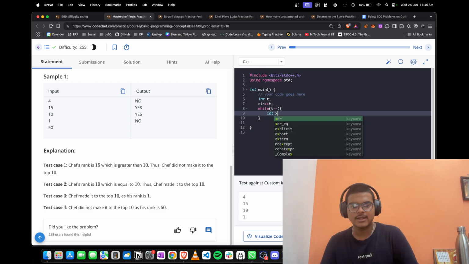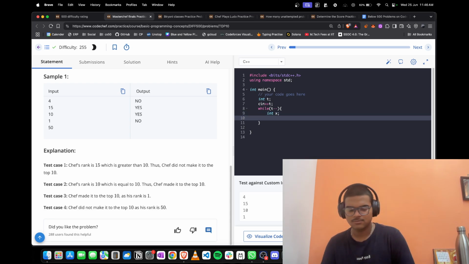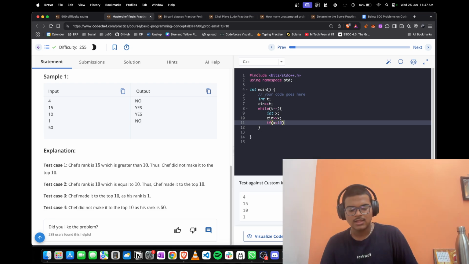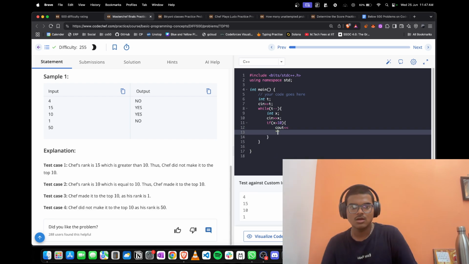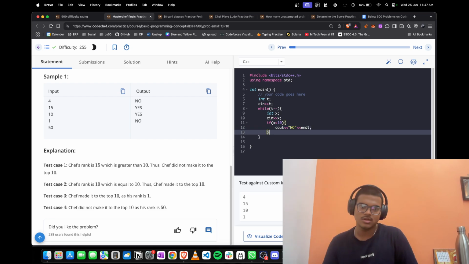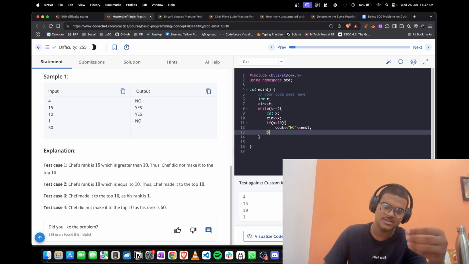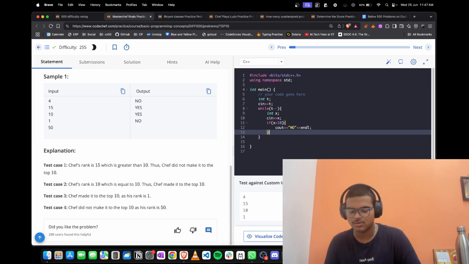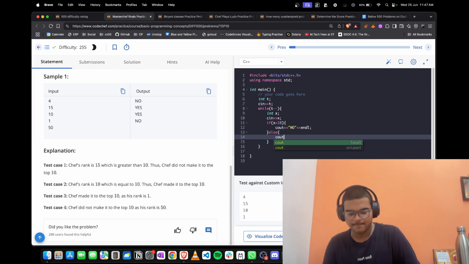Let x be the current position of chef, and we will take it as input, and we will use an if condition where if x is greater than 10, then the output will be no, because this condition states that the position of the chef is more than 10, so he will be disqualified from finals. Else he will be selected for finals.